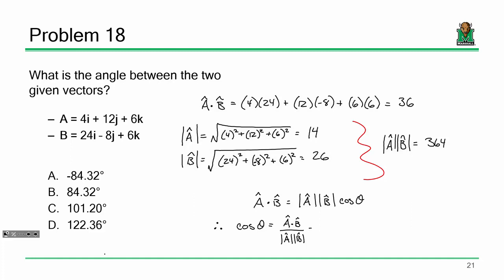So this is 36 over 364. So if I have the cosine of theta is 36 over 364, how do I determine theta? Inverse cosine, right?